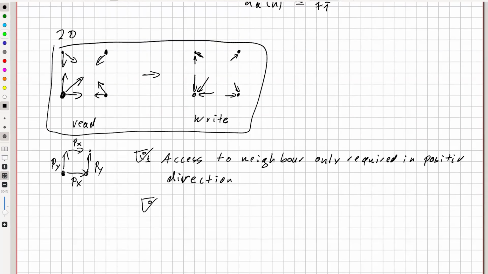So this means we have a low bookkeeping cost for indirect addressing.